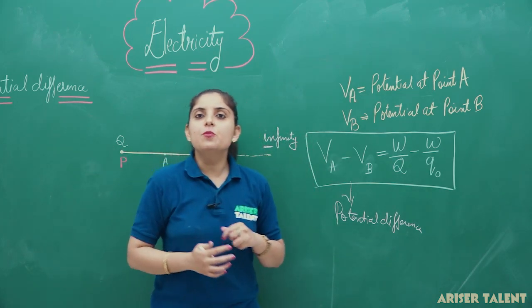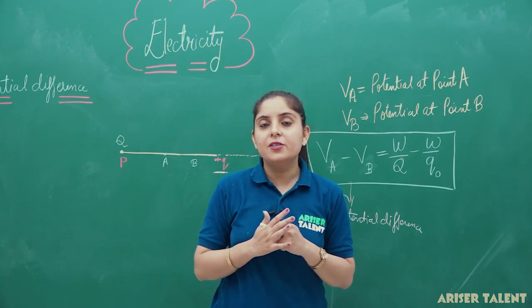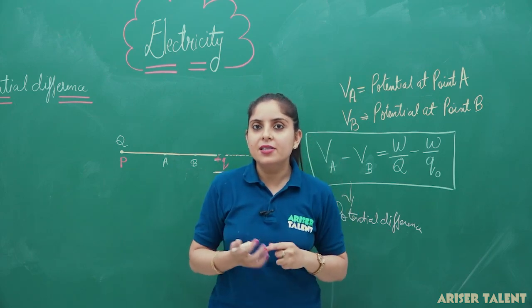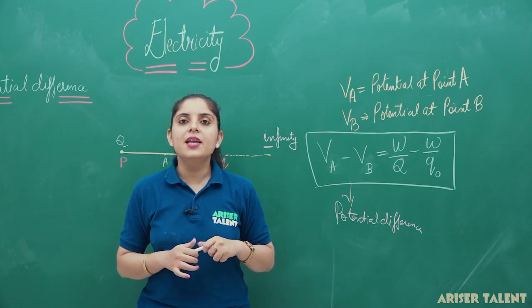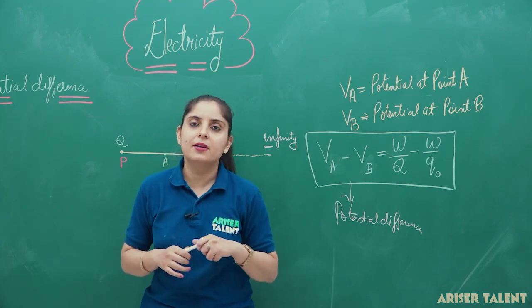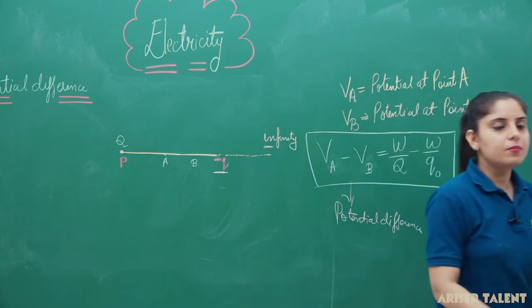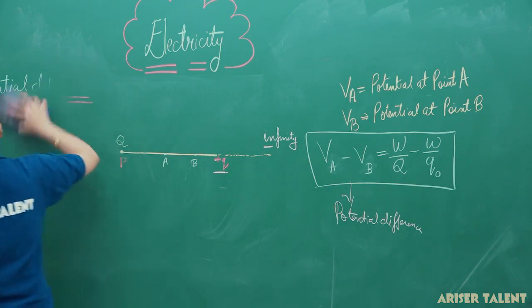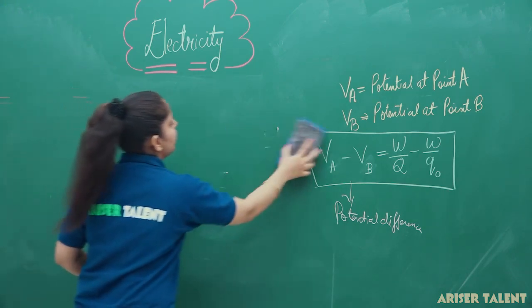Now let us move to the next topic, that is about the electrical symbols. We have seen that for drawing a circuit we need electrical symbols. So let's check what are the symbols for various components, and it is very essential to draw the electric circuit.